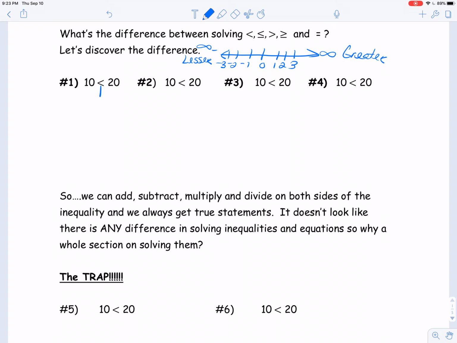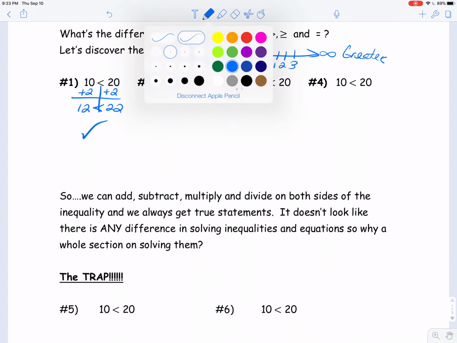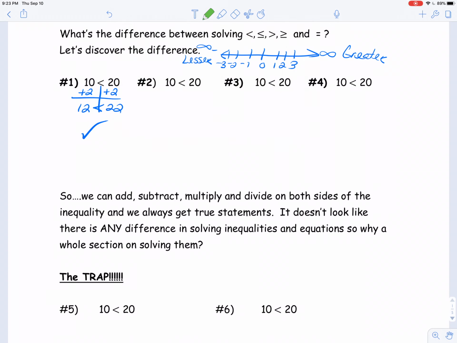So we can all agree that 10 is less than 20. So what if I draw my balance and I add 2, keeping it balanced to both sides of the inequality? Then I end up with 12 is less than 22, which is still true. So no problems there. All right, what if I subtract 1 from each side? Then I end up with 9 is less than 19, still true.